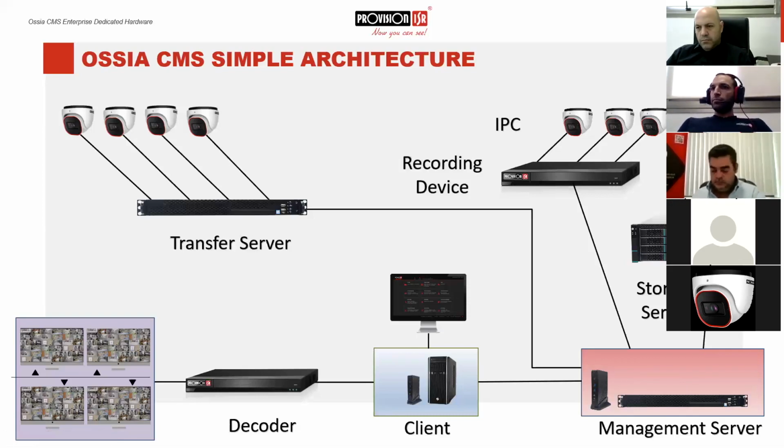If I have a big installation where the customer wants a management server, but he also wants a backup of the management server too, what can I do? We are working on this solution.